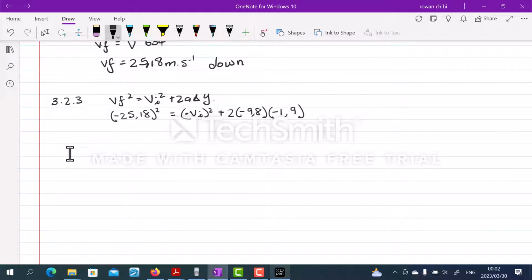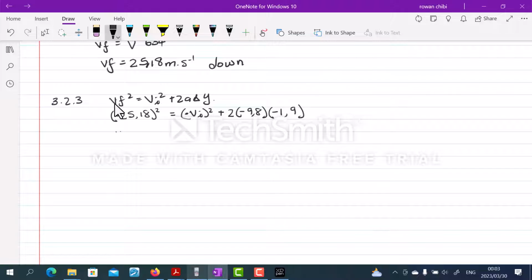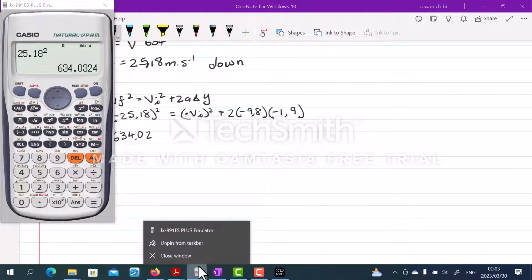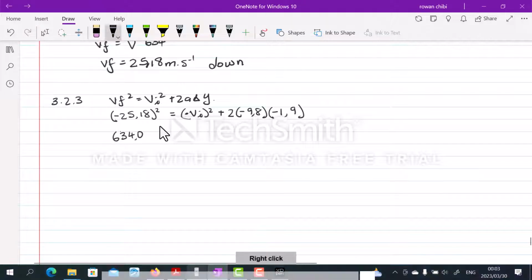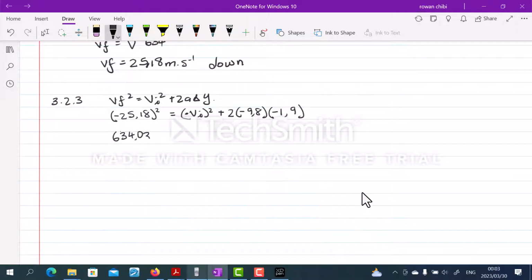Then 25,18 squared. Let's find that. It is 634,0324.